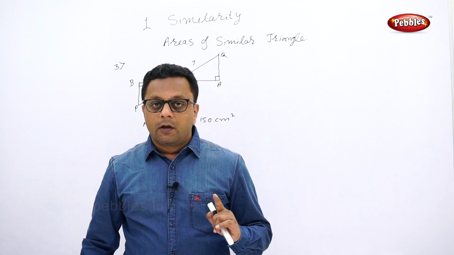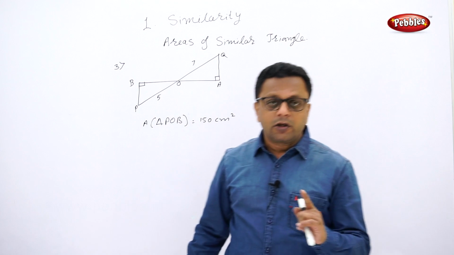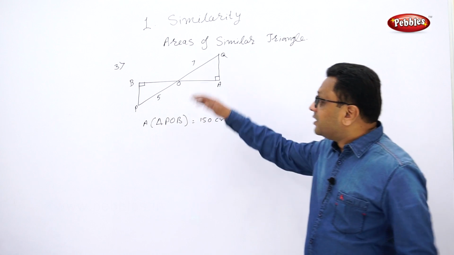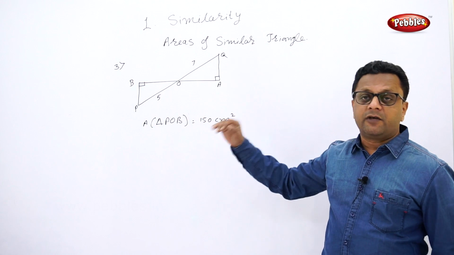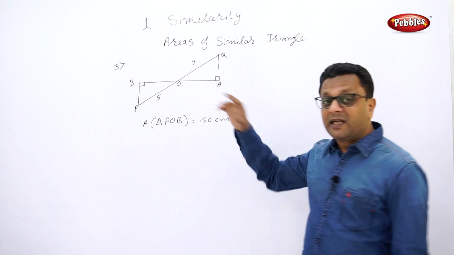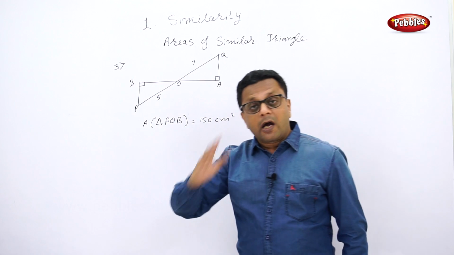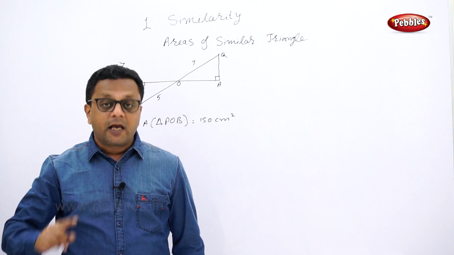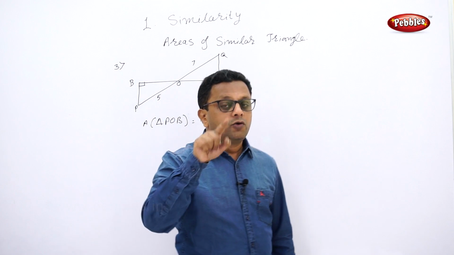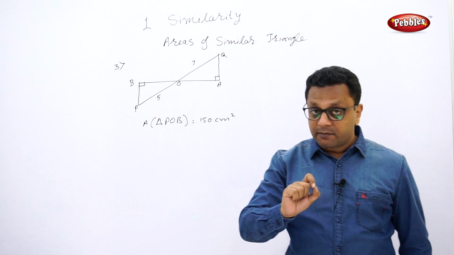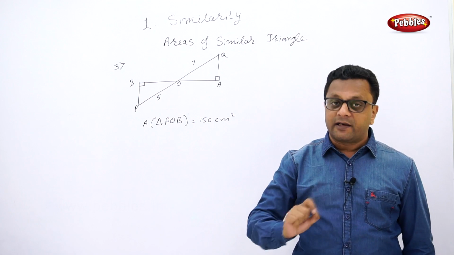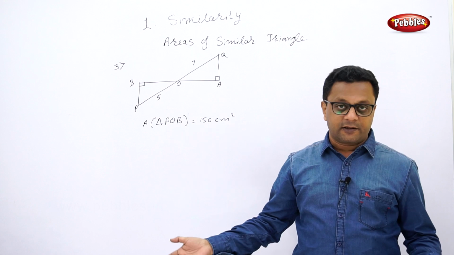Why? Because you have not read the problem carefully. Nowhere in the problem is it given that these two triangles are similar. You have to first prove that those are similar triangles, and only after that can you apply the theorem, because the theorem is for areas of similar triangles, not any two triangles.